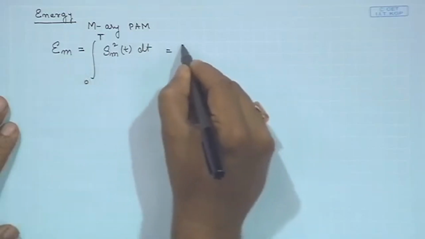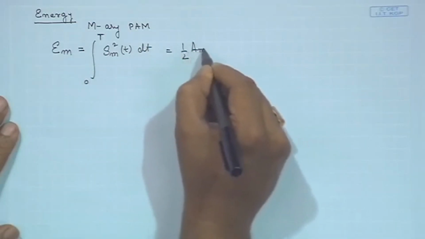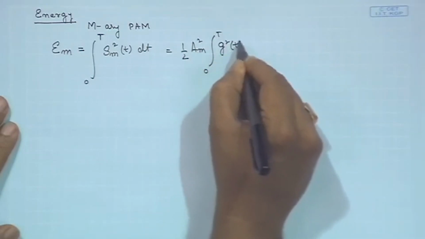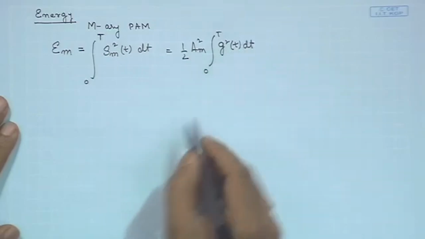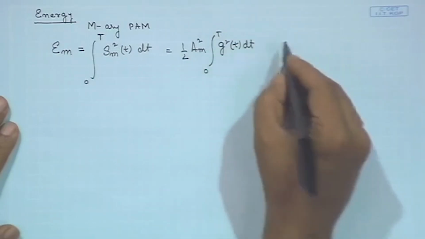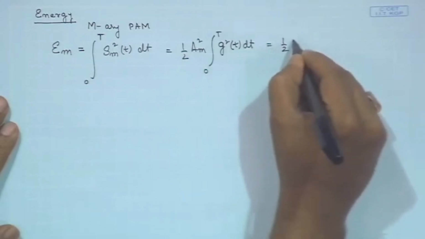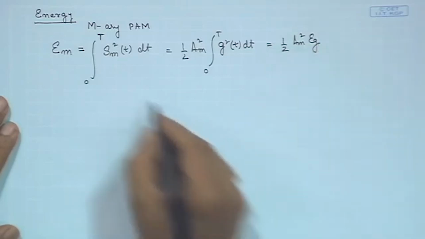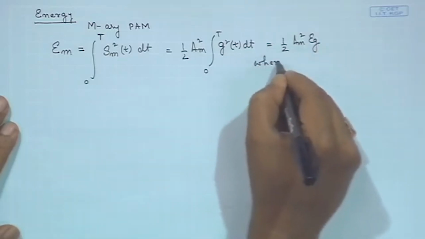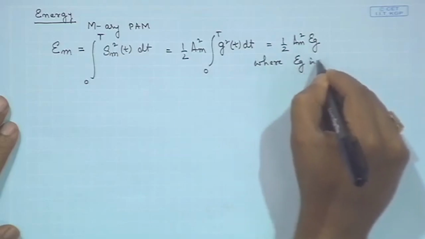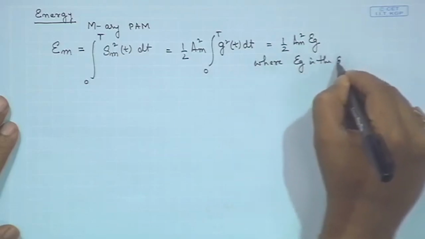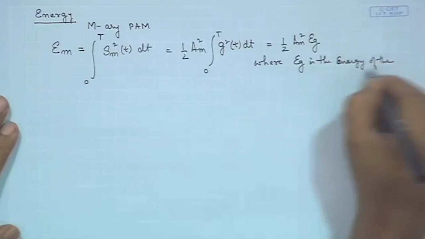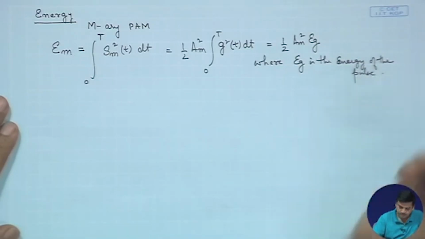So, this is the energy of the mth symbol, right. So, this would turn out to be half Am squared integral 0 to T g squared(t) dt, and this is the energy of the pulse. So, you could clearly write it as half Am squared Eg, where Eg is the energy of the pulse, right.